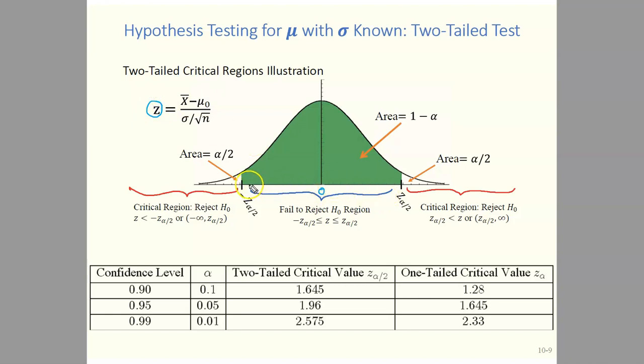And so you see the probability of your z-score landing in the region where we fail to reject the null hypothesis is 1 minus alpha, which in our previous discussion was 0.95 that we used, but it can be changed to other values. And so you see the probability of failing to reject the null hypothesis when it really is true, which is what you want to do, is 1 minus alpha. So that's what your confidence level represents. It's the probability of failing to reject the null hypothesis when it really is true.